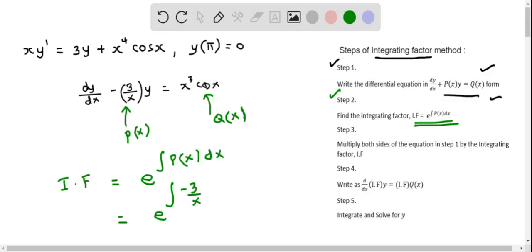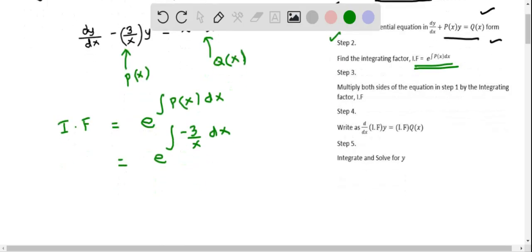So therefore this becomes e raised to the power of the integral of negative 3 by x dx. So basically we have to integrate this negative 3 by x. So we can write this as e raised to the power of, I can factor the negative 3 and then integrate only the 1 by x dx. So integration of 1 by x is natural logarithm of x. So therefore this becomes negative 3 times natural logarithm of x.